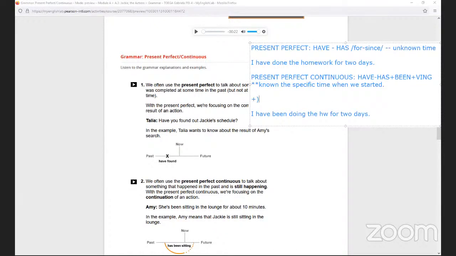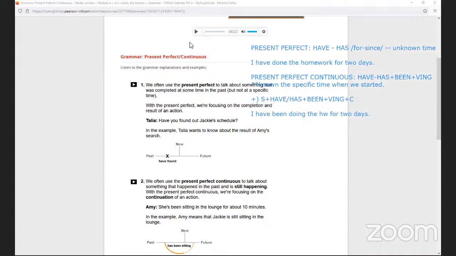So now let's see specifically the structures. When we talk about affirmative, of course, we say that we have subject, have or has, depends on the subject, plus been, plus verb with ing, and plus a complement, right?